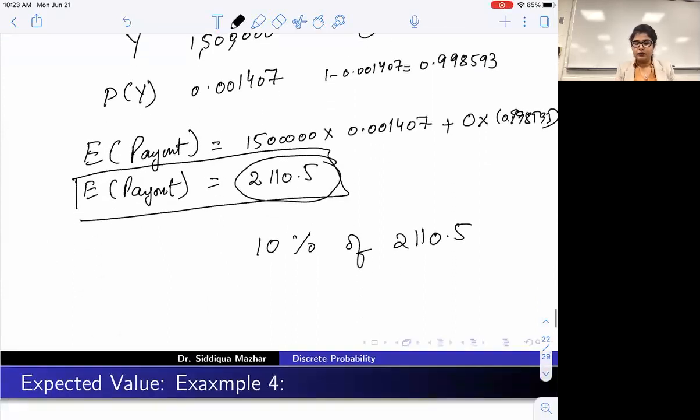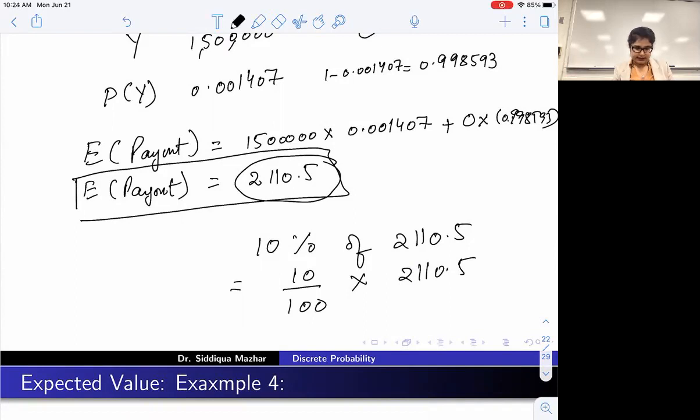So what I do, I replace the "of" with times. 10% means 10 by 100, and I write the value 2110.5. So for any 10% of this value, you just have to multiply and divide by 100. So now you have to calculate the value.